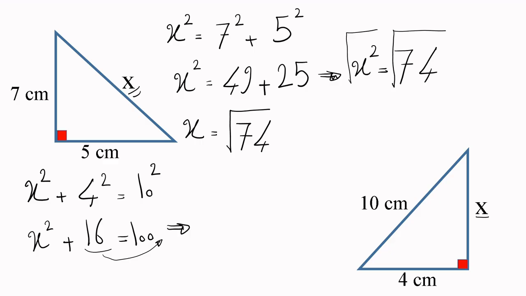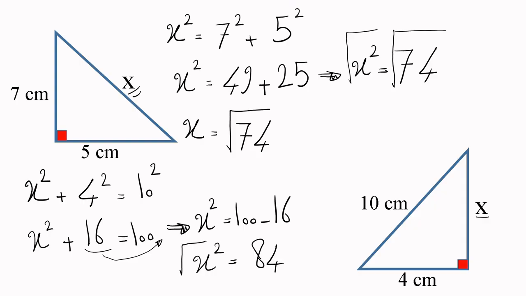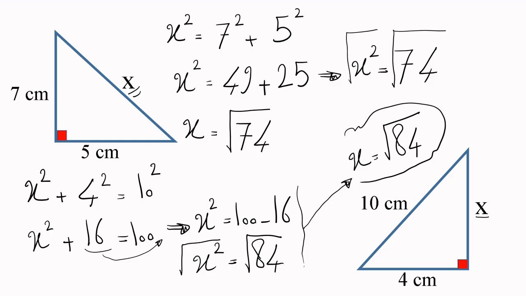So x squared is equal to 100 minus 16, right? So x squared would be equal to 84, and I'm gonna take a square root from both sides, and as you definitely know, 84 is not a perfect square. So I'm gonna write x is equal to radical 84, or a square root of 84.